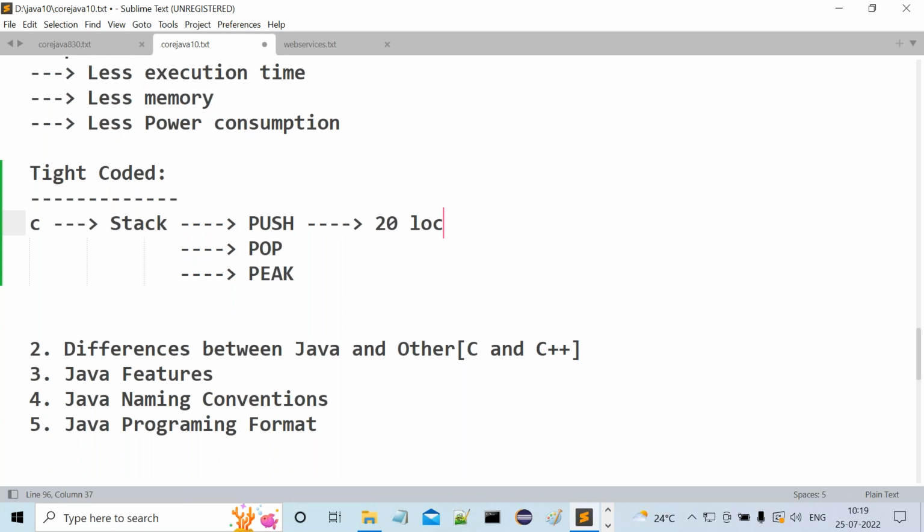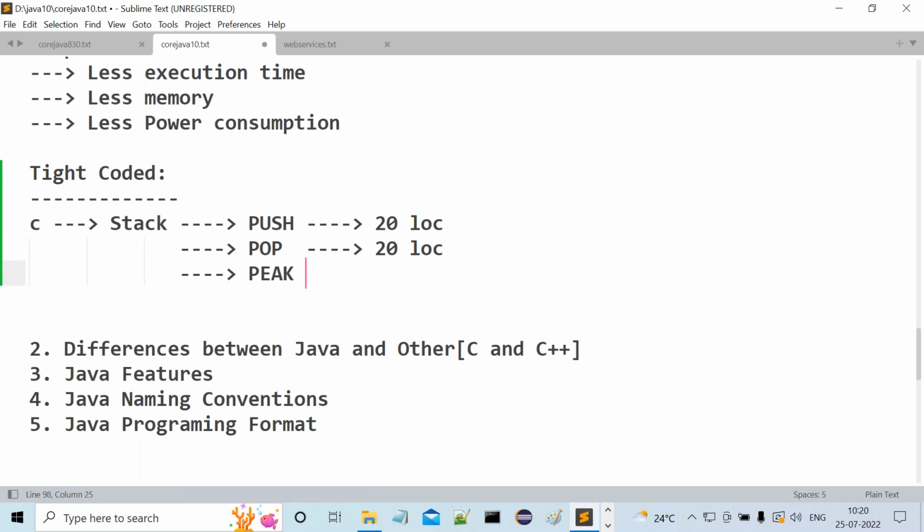Got it or not? Similarly, if you want to perform pop operation in the same C programming language, again we are going to need 20 lines of code. That's fine.